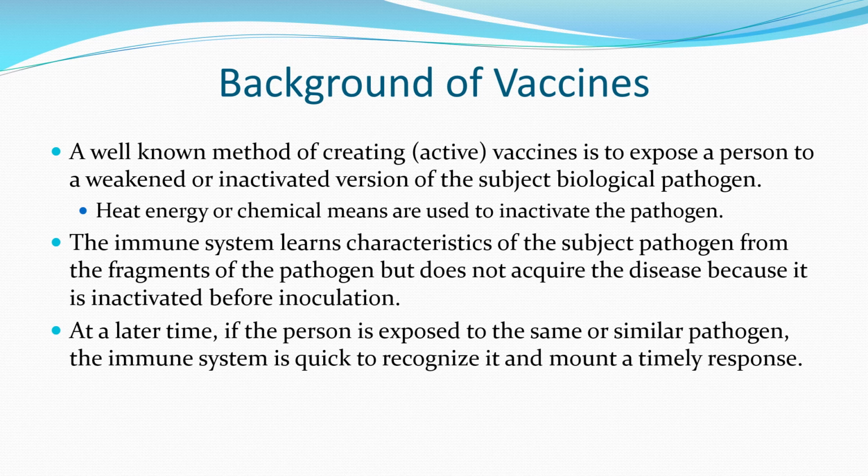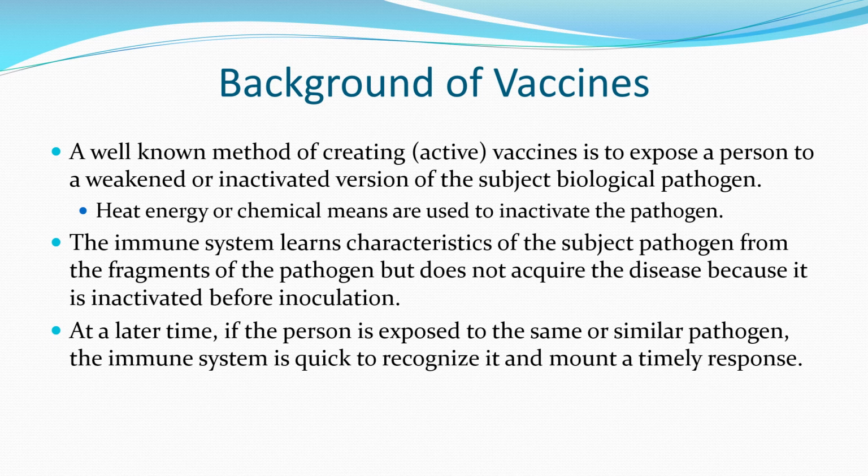Earlier, I mentioned the concept of ad hoc vaccines. And in order to understand how that works, let's first quickly review the background of how vaccines work. A well-known method of creating an active vaccine is to expose a person to a weakened or inactivated version of the subject biological pathogens. Heat energy or chemical means can be used to inactivate the pathogen.